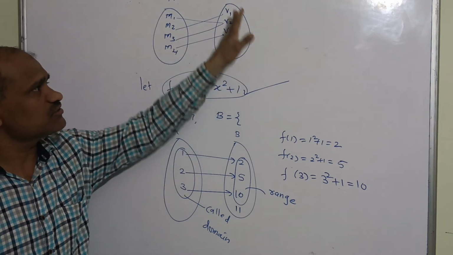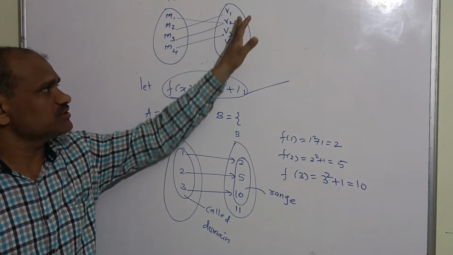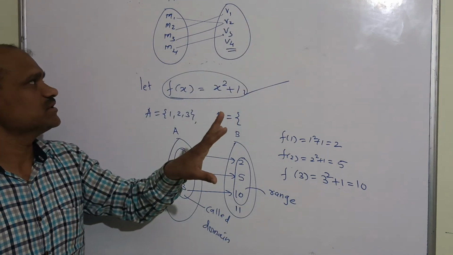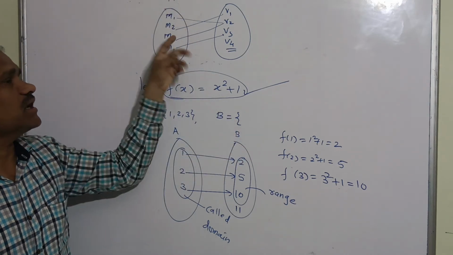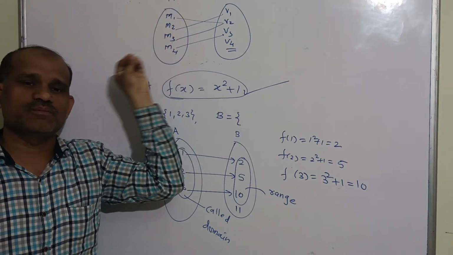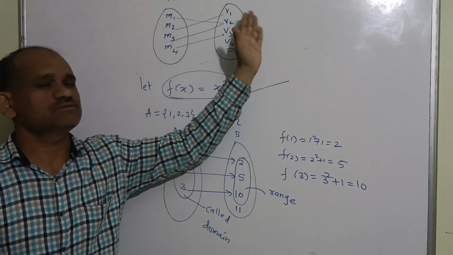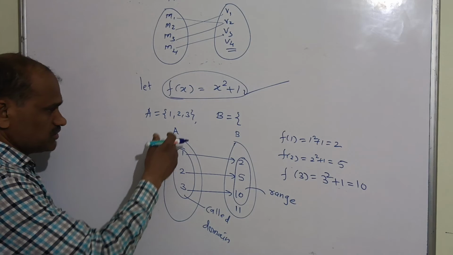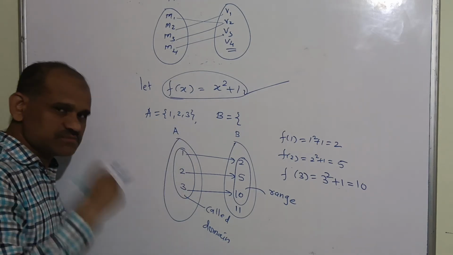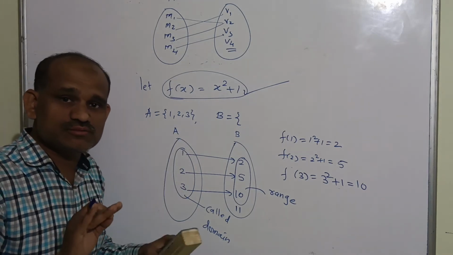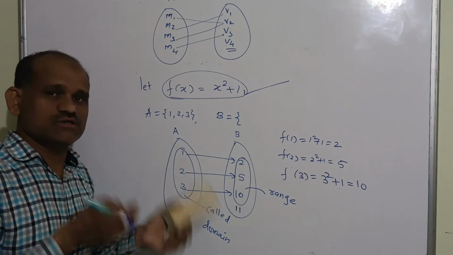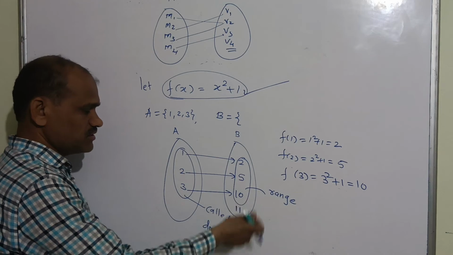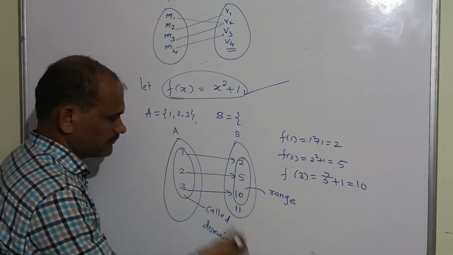So in set B, maybe one village has no pre-image, but in set A, every element must be related. In set A, no element should be vacant because in the definition every element should be related. But in B, maybe some element is left.